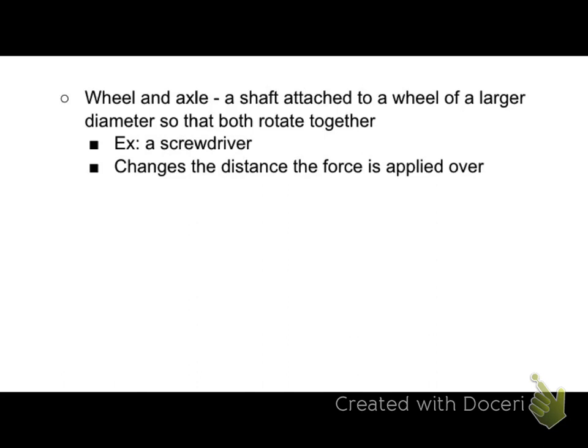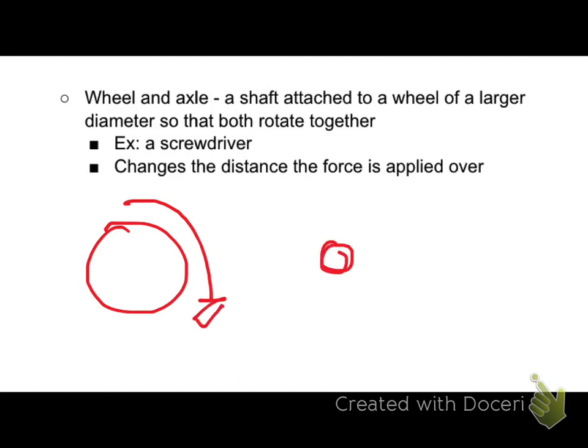If I've got this big handle, okay, and I turn it a significant distance, then the smaller one is going to turn a smaller distance again, and as a result, I don't have to put in as much force on this one to get a larger output force over here. Okay? Again, it's making work easier for me by changing the distance that it moves it. So it means I require less force.